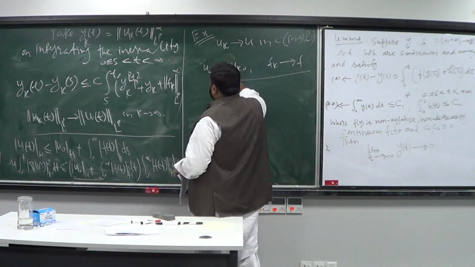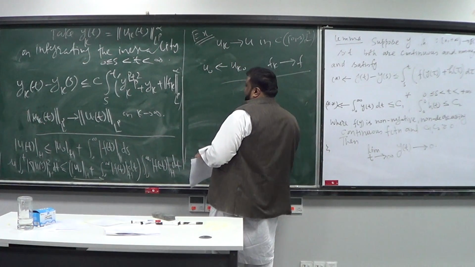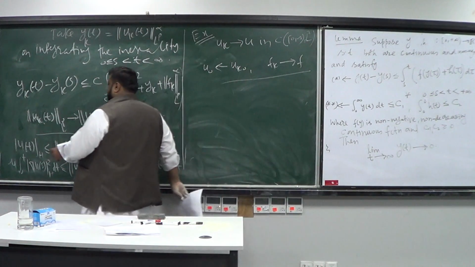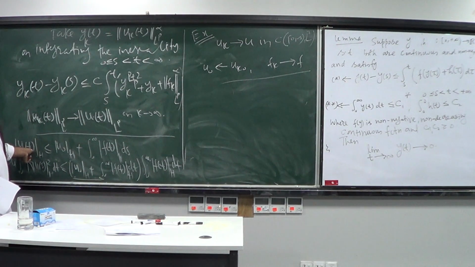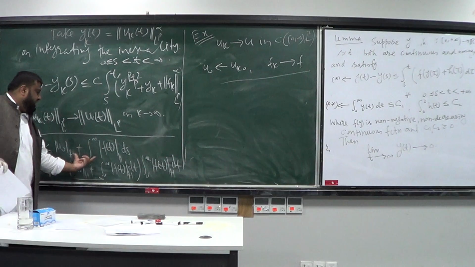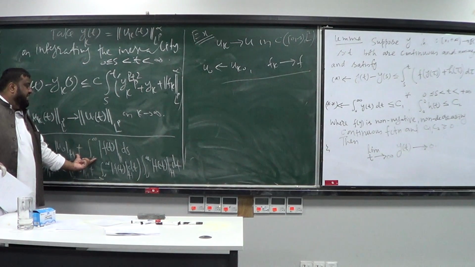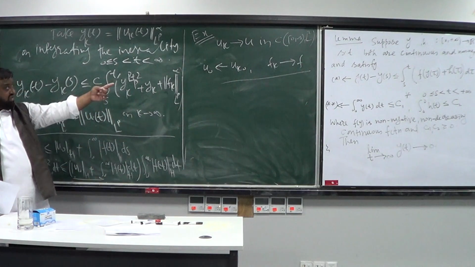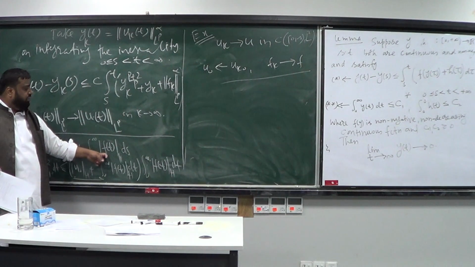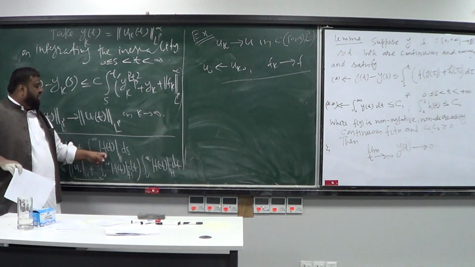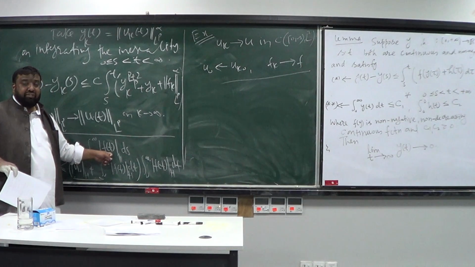So when you calculate, for example, u_k minus u in its H norm and its square and then its integral, you need to square this side and then integrate, and instead of u naught you're going to have u naught minus u_k naught, and instead of f(t) you're going to have f_k minus f.